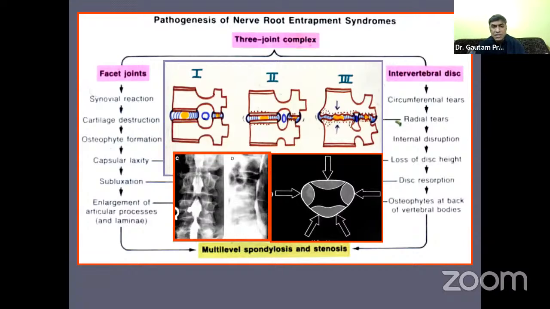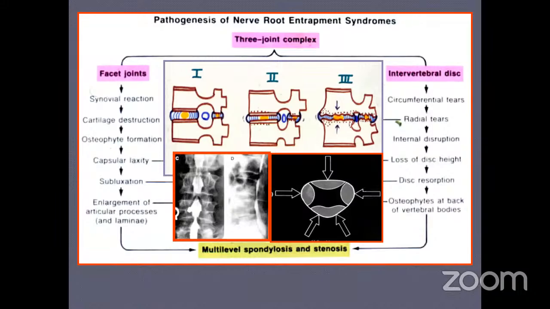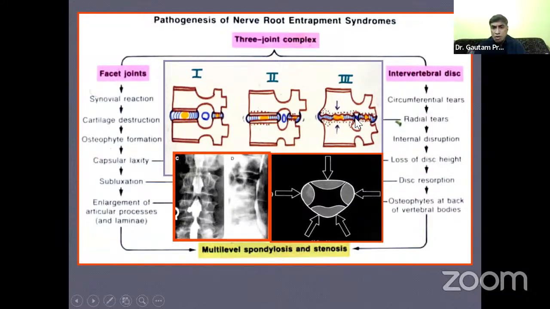In the next stage, there is increase in osteophyte formation, and with this, if you notice on the third image, the superior articular process of the lower vertebra goes on impinging the root from behind. The facet joints impinge the root from posteriorly, and the disc osteophyte complex impinges the roots from the front.